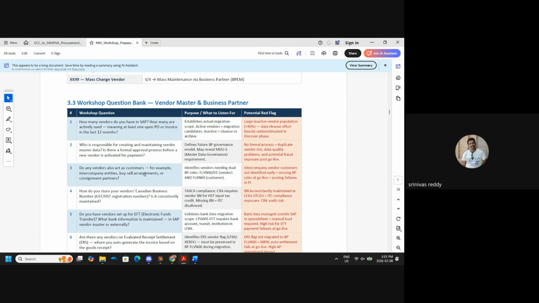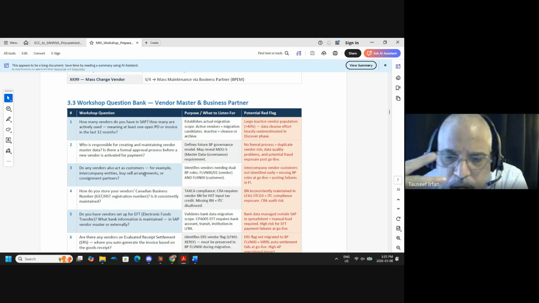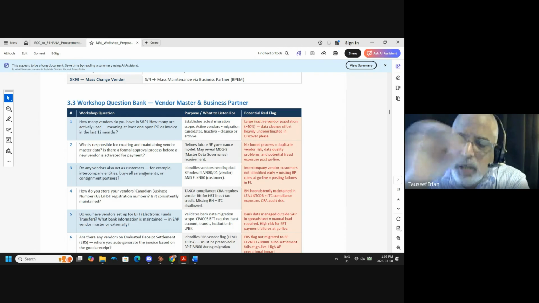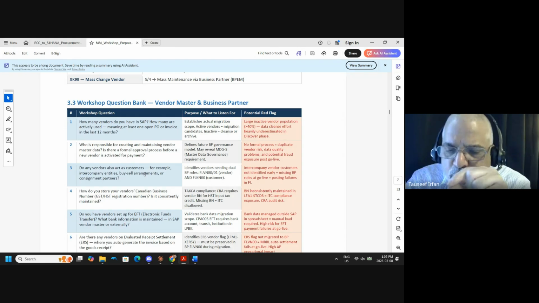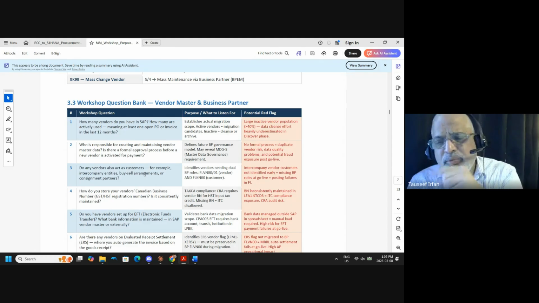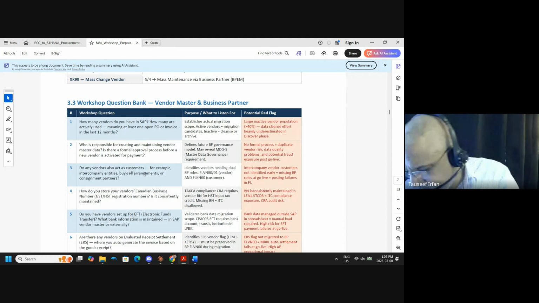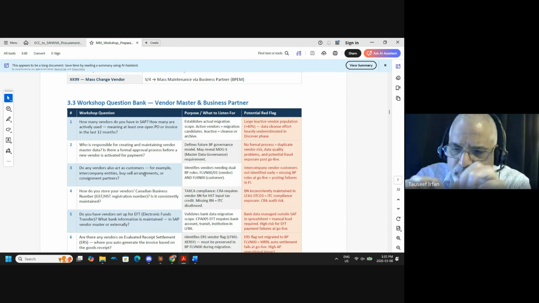So I want to know who is playing both the roles of supplier and customer, so that I can create a business partner for that one and connect the partner, vendor and customer to one business partner under the CVI integration, customer vendor integration. You see that, the triangle? Business partner, customer, and vendor.